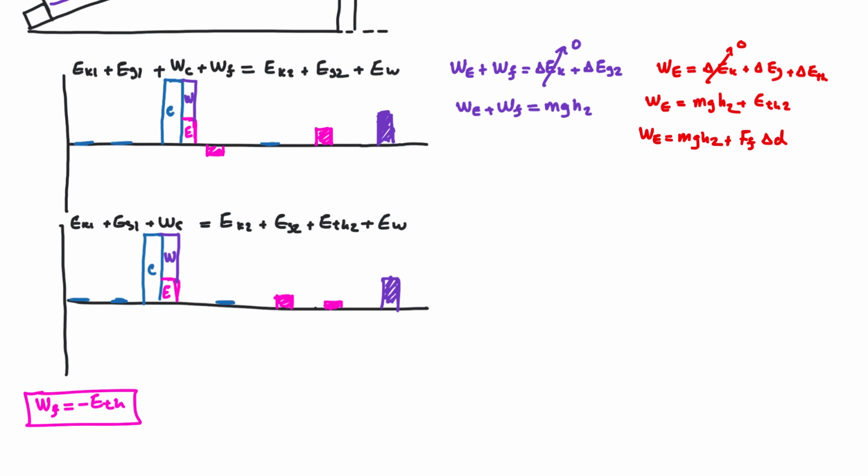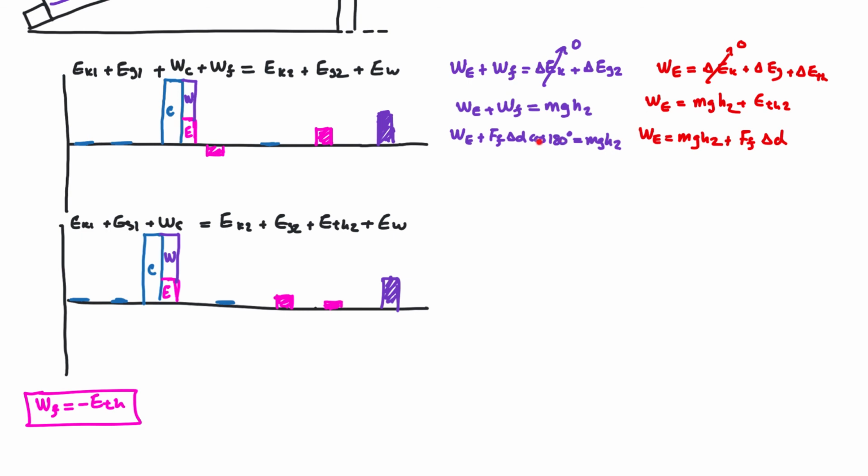And on the other side, I will use a different equation: WE, the work done by the engine, plus the work done by friction, is going to be the force of friction multiplied by the distance multiplied by the cosine of the angle between the displacement and the force, which is 180, and that's going to equal mgh2.